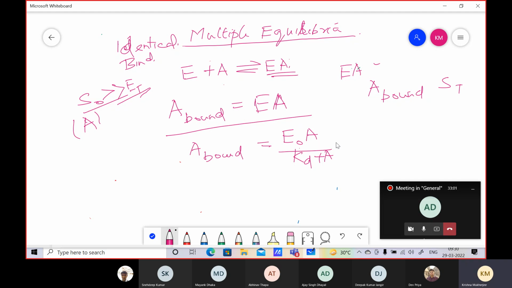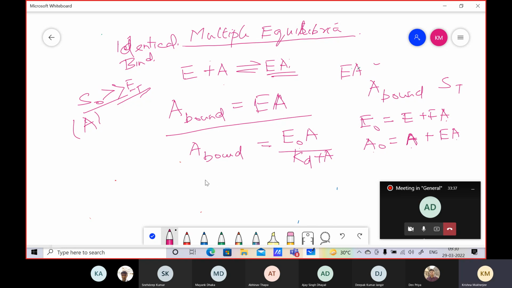We can do it slowly. Let me write it out. I hope you're following. E naught is equal to E plus EA, right? And A naught is equal to A plus EA, right? Earlier we assumed that EA is much smaller, so A is equal to A naught.